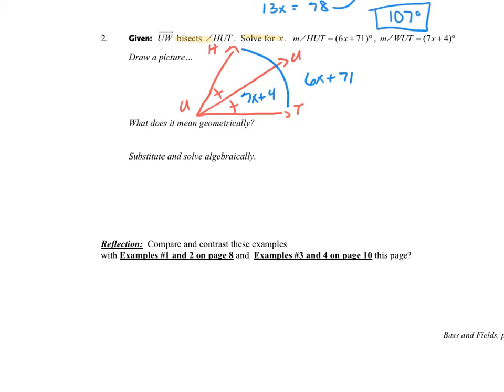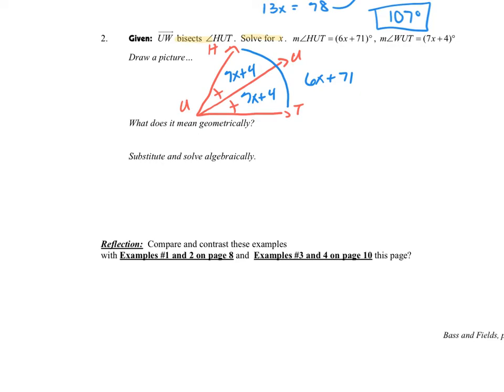We're going to combine the idea of the angle bisector that gives us the congruent pieces with the idea of angle addition. Sometimes when students see that something is congruent, they like to rewrite that same notation. So I could put another 7x plus 4 on there if I wanted.